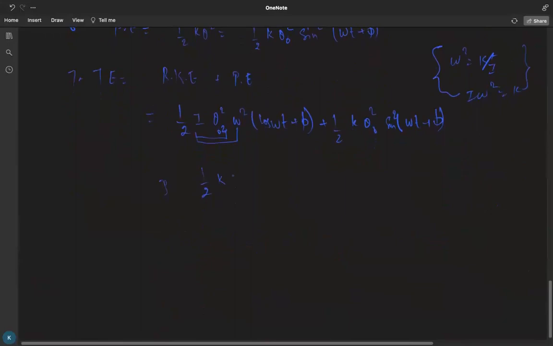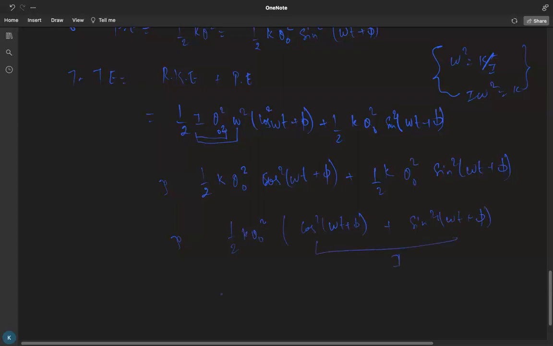So half k theta naught square cos square(omega t plus phi) plus half k theta naught square sine square(omega t plus phi). Taking half k theta naught square as common, it is cos square(omega t plus phi) plus sine square(omega t plus phi), and this makes it 1. So it is equal to half k theta naught square.